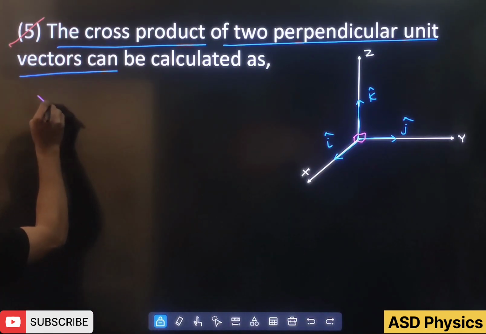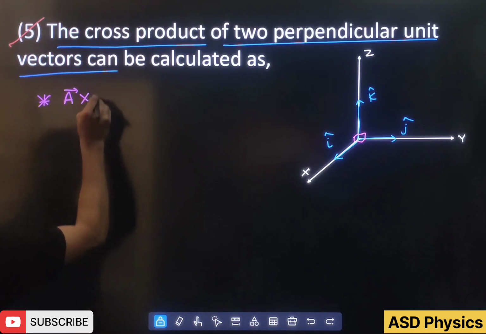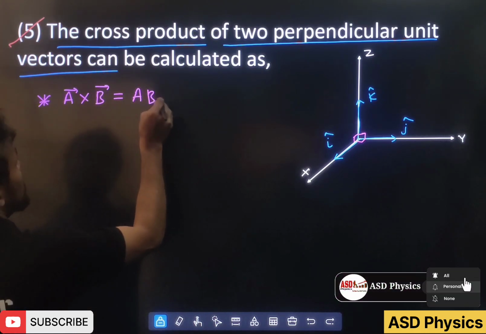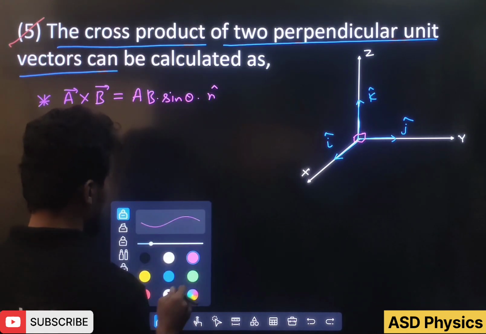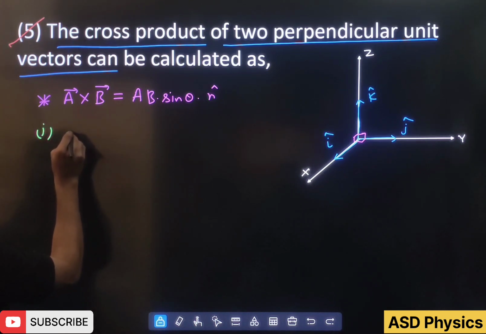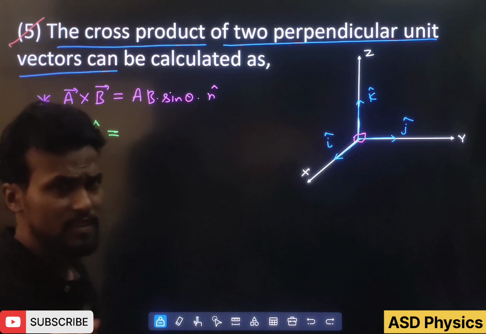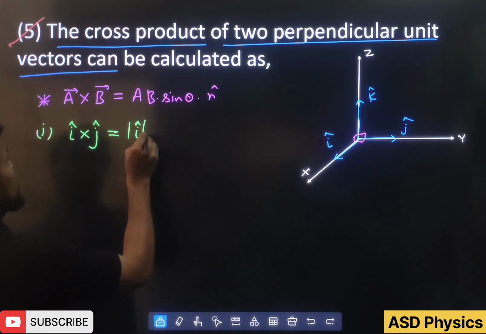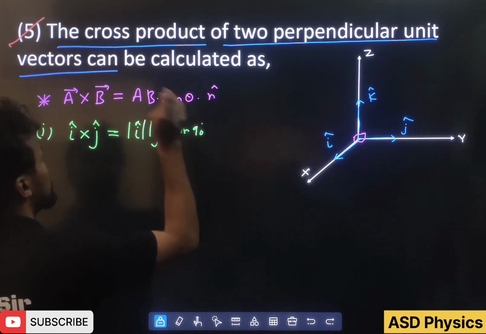Okay, so for example, you know very well vector A cross B is equal to, I will do only for one, AB sin theta into n cap. So from here, students, first one: i cap cross j cap. Now vector A is i cap, vector B is j cap. See, magnitude of i cap, magnitude of j cap, and i cap and j cap are perpendicular.